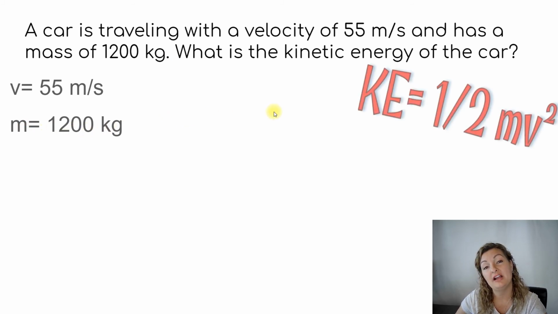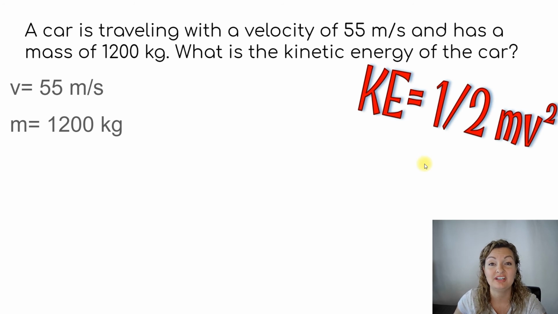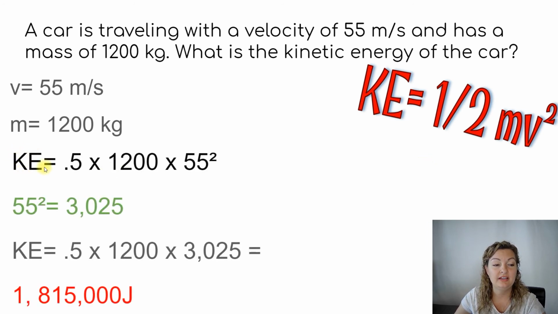Now we look back to our equation and make sure we have everything we need, and we do. We have mass and we have velocity, so we can continue with our substitution. Kinetic energy equals the 1/2, which we write as 0.5 so it's easy in our calculator, multiplied by our m, 1,200, and then multiplied by our velocity v, 55 meters per second, but we have to remember to add the squared at the end of that v.